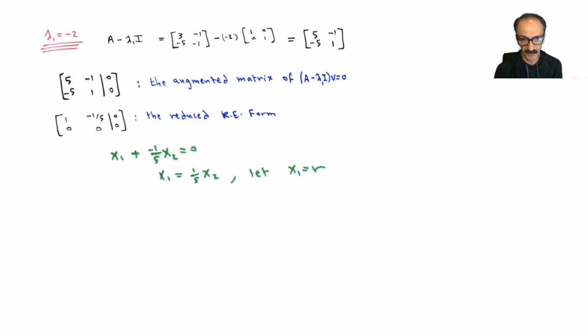Usually the book says go backwards or back substitution. We're going to take x1 as a free variable. Why is that? Think of this one as being r. Multiply both sides by 5. You don't see the fraction 1/5 anymore. So this right here will look like 5x1 equals x2. So if you know x1, to find x2 you multiply by 5.